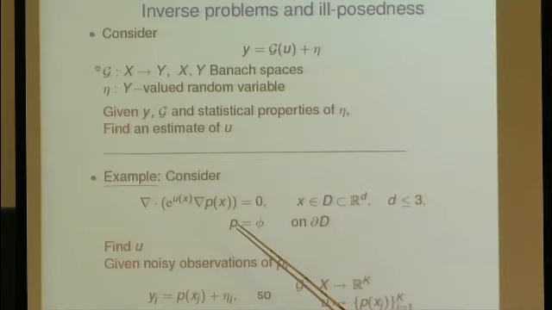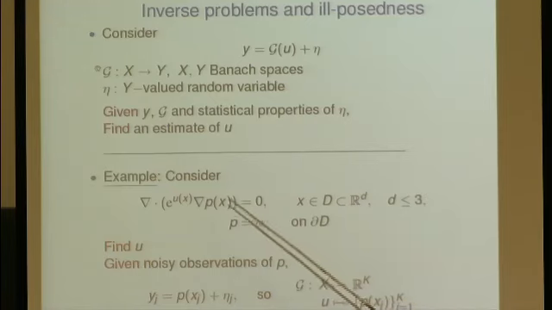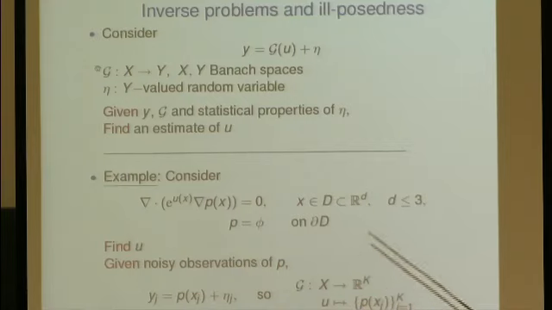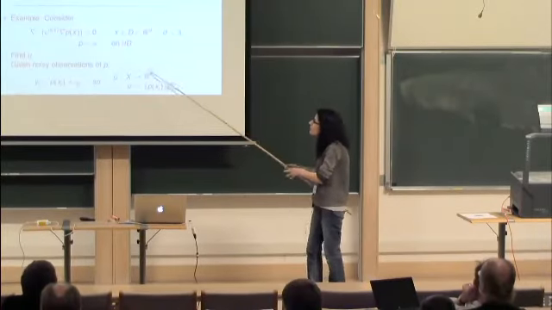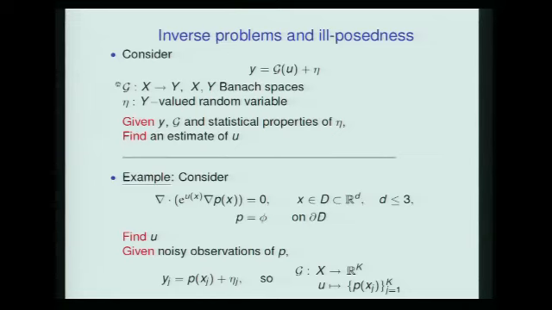These are your measurements, the measurements of pressure at some finite k points, and then you want to find the whole function u. Now p is just the solution of this elliptic partial differential equation as a forward problem. So your operator G is some functional of the solution operator of your PDE. You know its properties very well, because for an elliptic PDE you have the estimates from PDE theory. So when I say that G is given, I mean something like that.